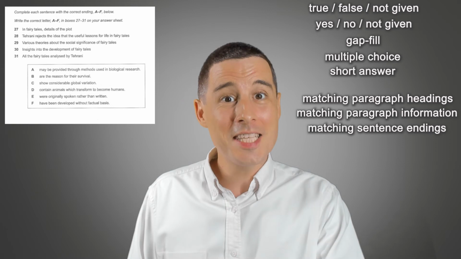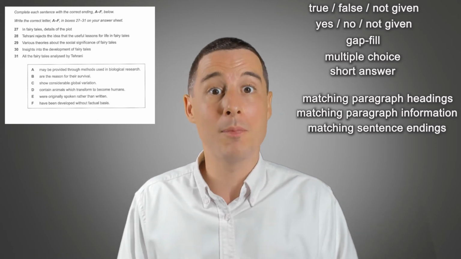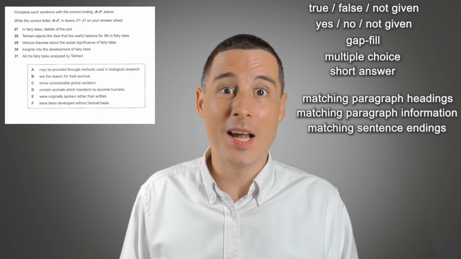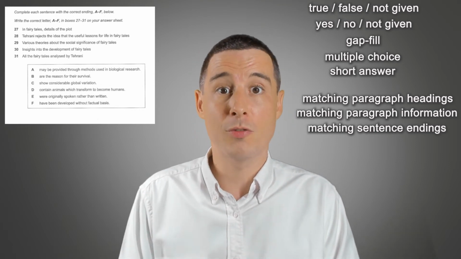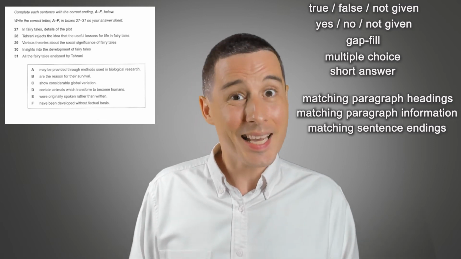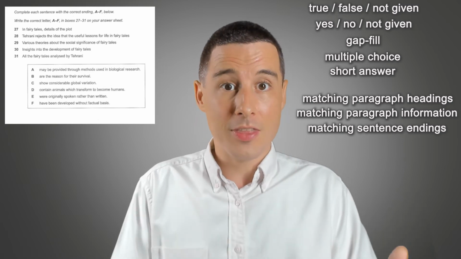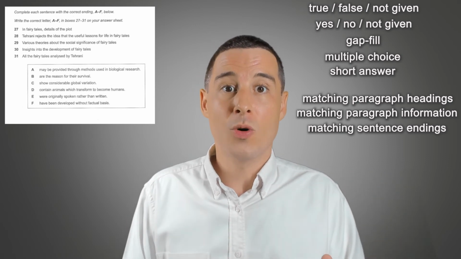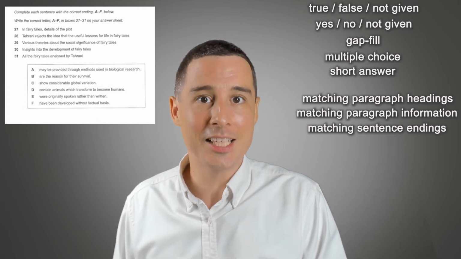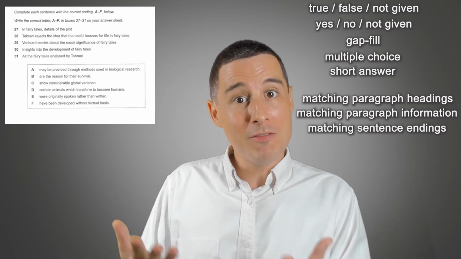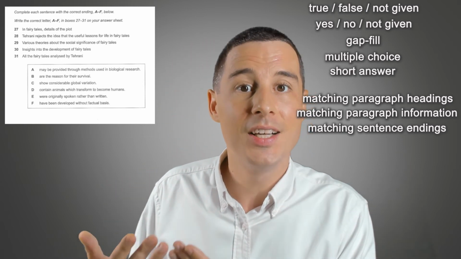Now, to be honest, this is not a very common type of question that comes up, but it does come up and you have to be ready for it. You have to have practiced this before you go into the test. But basically here, you can see, you're going to get the beginning of sentences, and then you're going to get the endings of those sentences, and you have to match them together following information that is in the text.